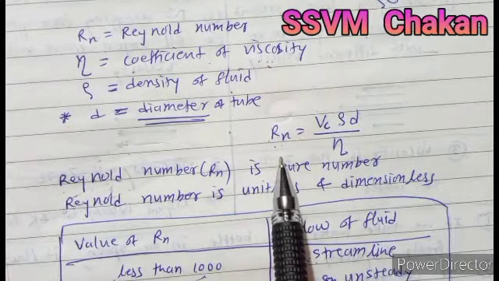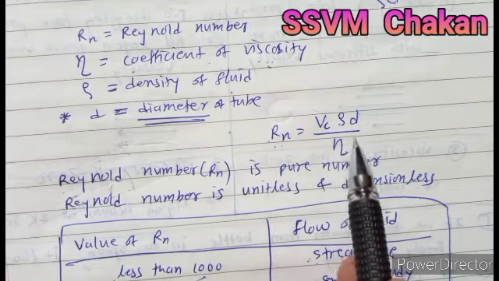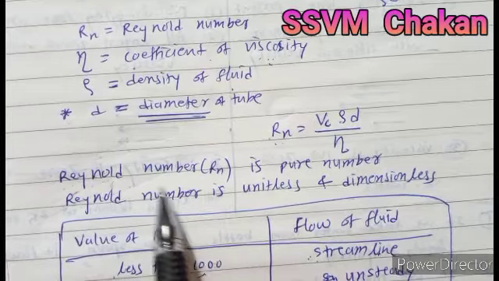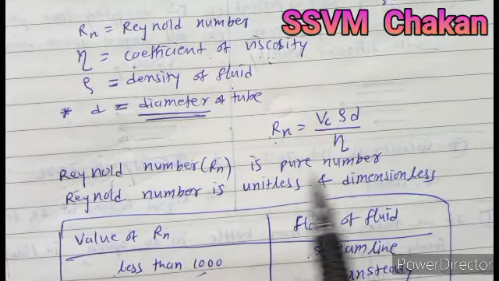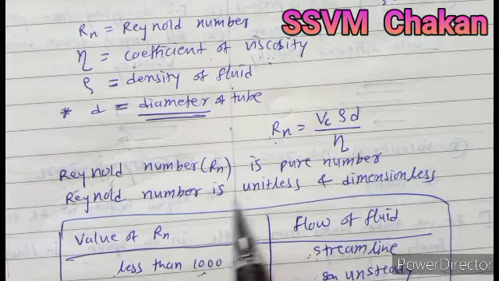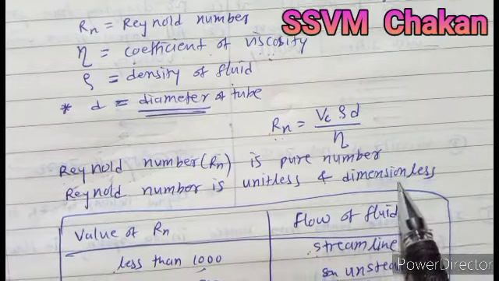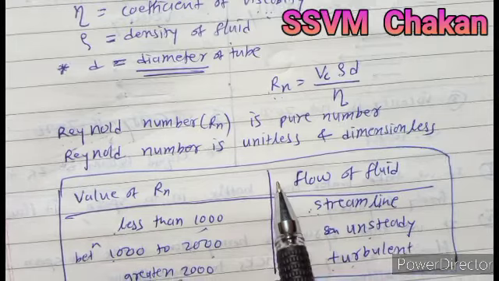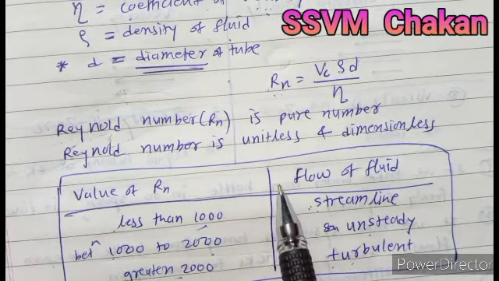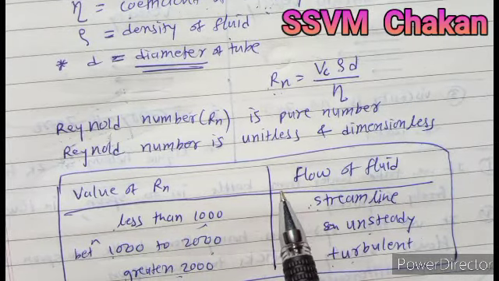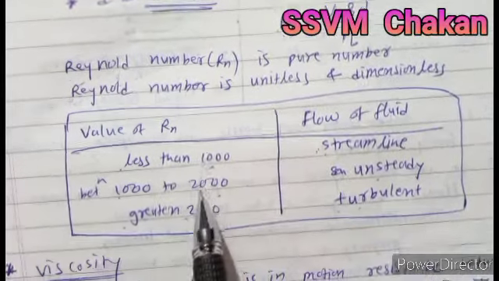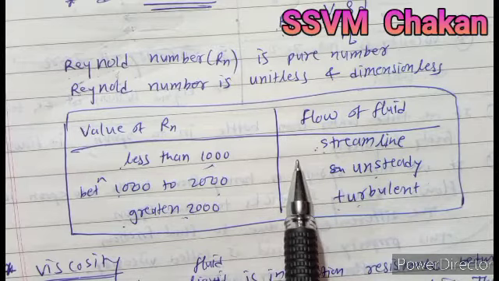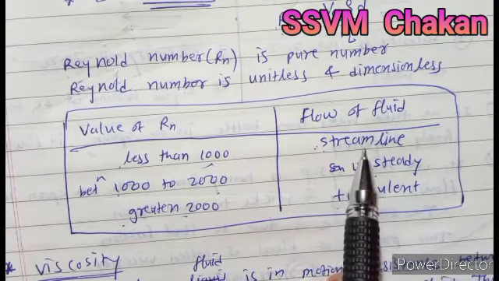Reynolds number can be calculated. Rn = Vc rho d divided by eta. Reynolds number is a pure number. Reynolds number is unitless and dimensionless. This Reynolds number tells you whether the flow of fluid is streamline or turbulent. If the value of Reynolds number is less than 1000, then the flow of fluid is known as streamline flow.